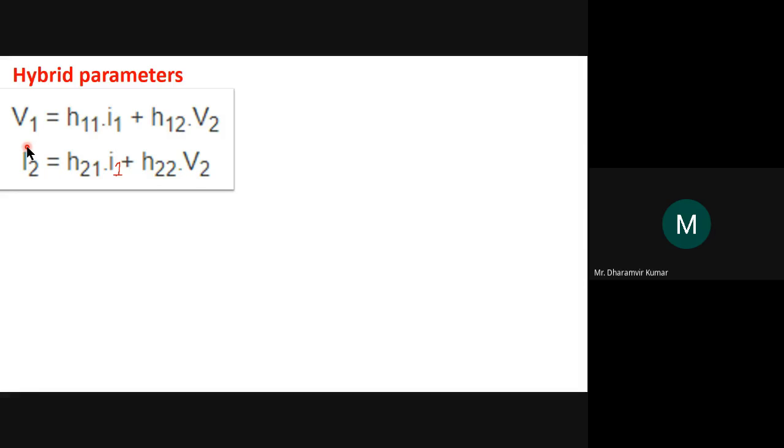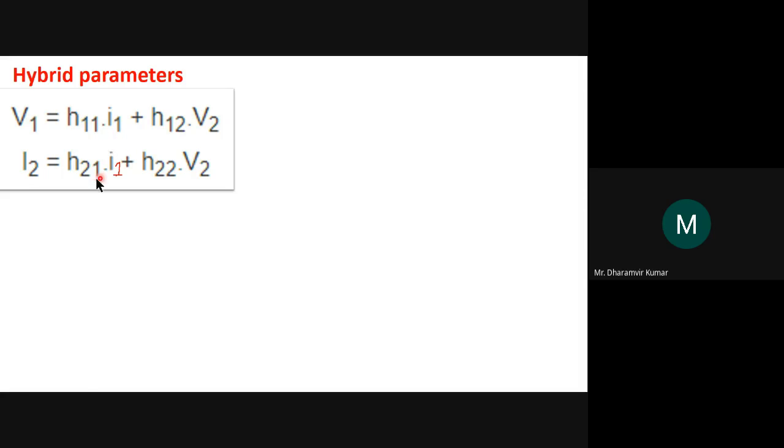Because this is a ratio of input by output. If it had been a ratio of output by input, we would have called it a forward ratio. But here this is a ratio of input voltage by output voltage, so we call this a reverse voltage gain, given that the input side is open circuited, I1 is 0.